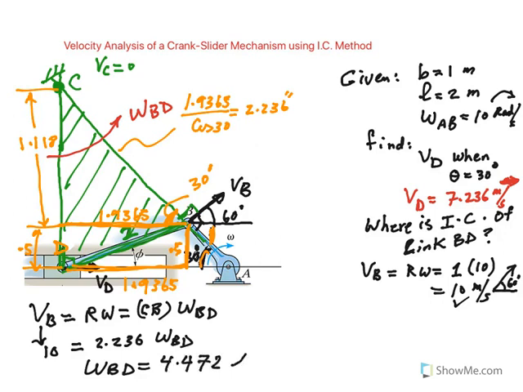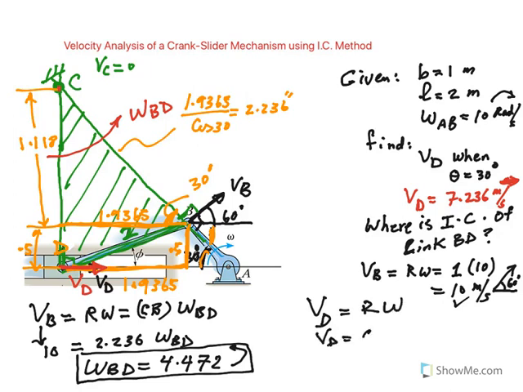And clearly it's going counterclockwise. The good news is once you have omega BD, you can find the velocity of any point on this body. I'm looking for, obviously, the velocity of D. Since this body is in pure rotation about C, the velocity of D would be R omega, where R is from C to D, and omega is the omega of the connecting rod, or of the triangle, the same thing.